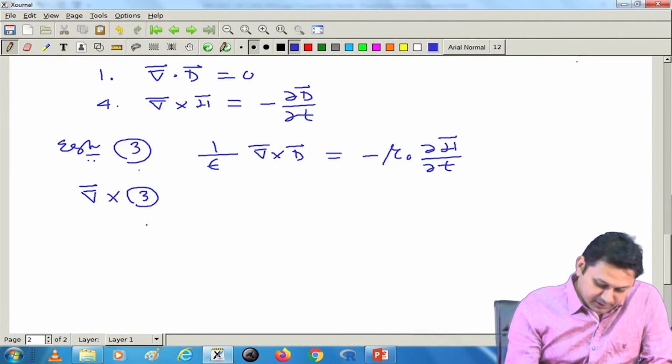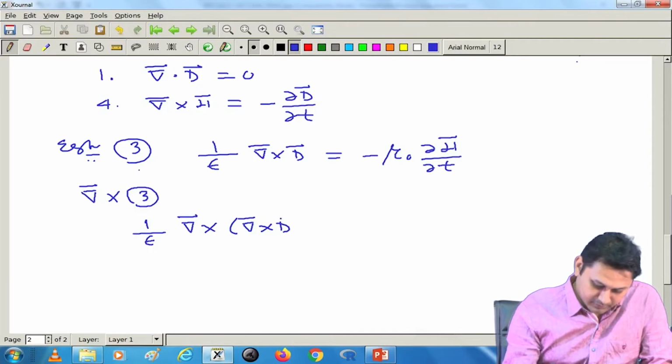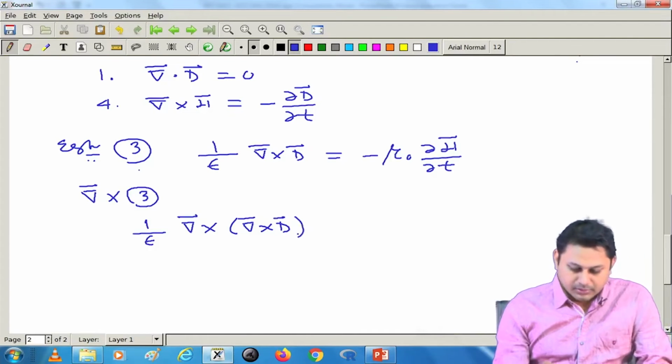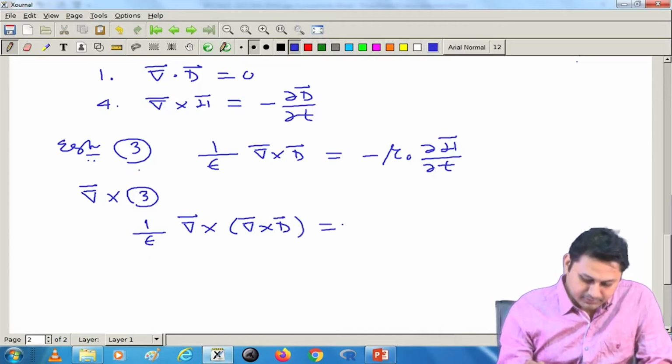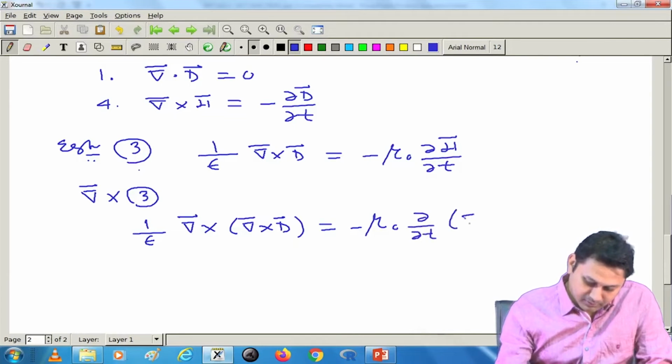If I do that, then it should be 1 by epsilon curl of D on the left hand side, and on the right hand side del t, then curl cross H.